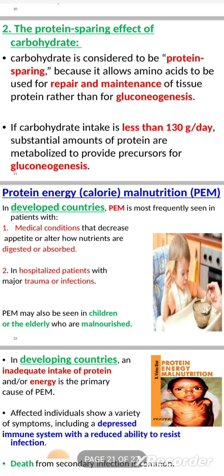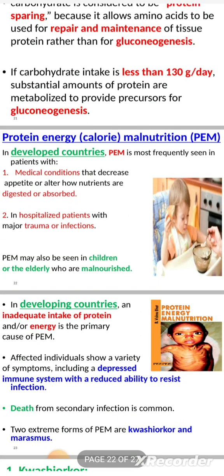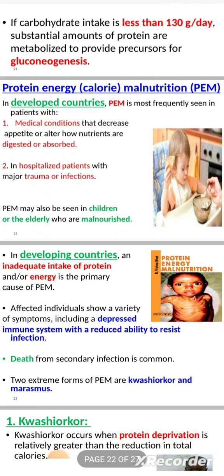What is important is protein energy malnutrition, PEM. In developed countries, it is different from developing countries. In developed countries, it is most frequently seen in patients with medical conditions that decrease appetite or alter how nutrients are digested or absorbed, such as hospitalized patients and trauma.